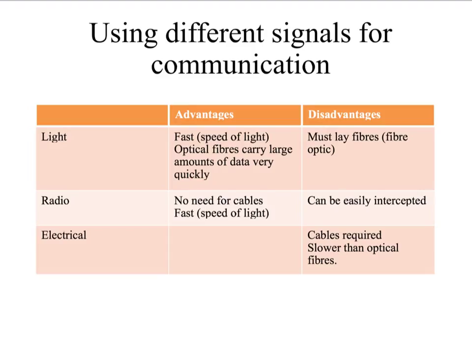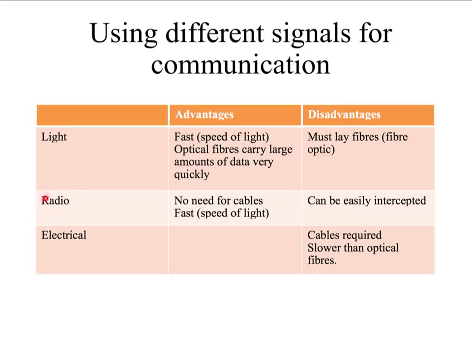This table shows us some advantages and some disadvantages of using different methods of communication, namely light, radio waves and electrical signals. Light is used in fibre optics, which we'll come on to in more detail later, but an example of that would be if you have Virgin TV or cable TV, then the signal that comes into your house is received via fibre optic cables which are laying under the footpath or under the road outside of your house.